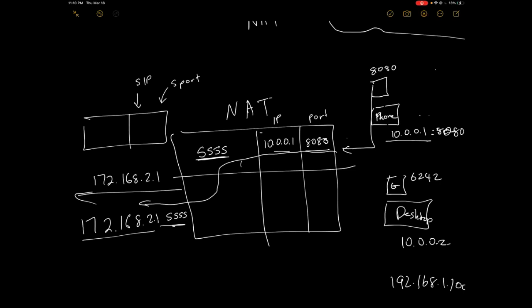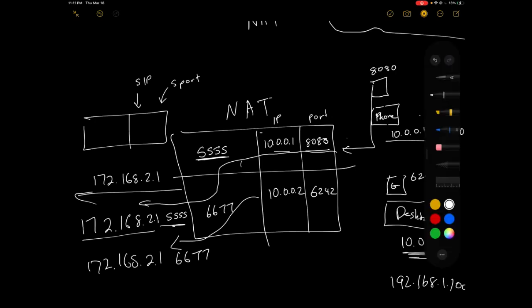And so for this desktop game, it's on 10.0.0.2, the second machine, and port 6242. When it exits the network, it's going to leave on 172.168.2.1, and the port number is going to be assigned by the NAT. So we'll say, okay, 5555 is already taken, so we'll do 6677. And let's clean this up here now.